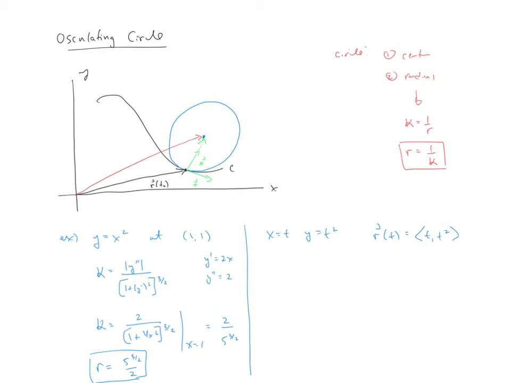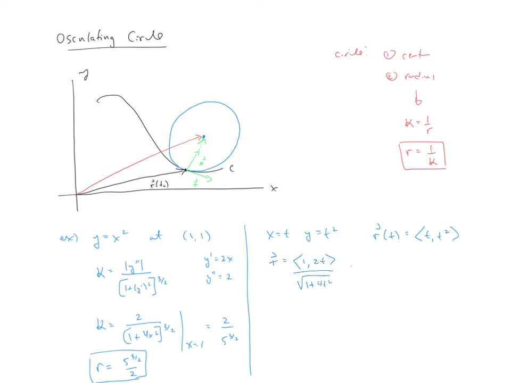The first thing I'm going to look for is the unit tangent. The unit tangent would be the derivative of this divided by the magnitude of its derivative. So T, the unit tangent, would have a 1 and a 2t divided by the square root of 1 plus 4t squared.